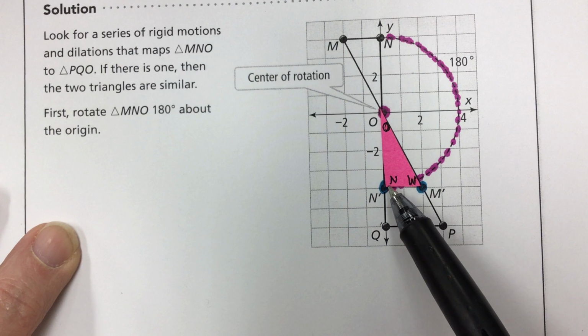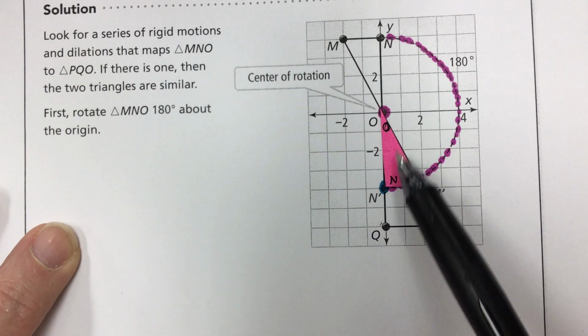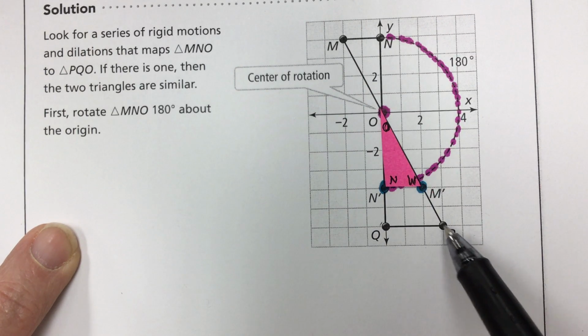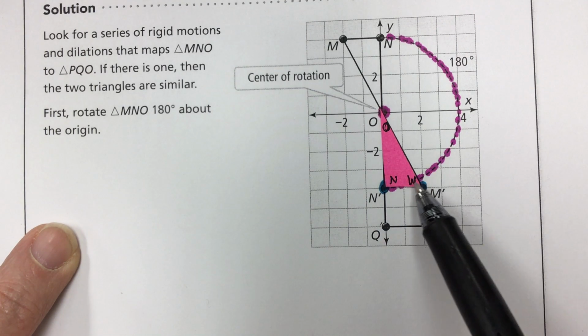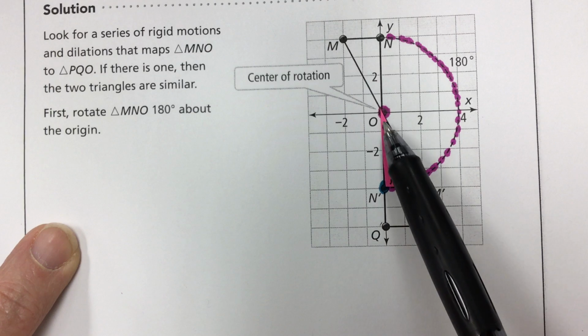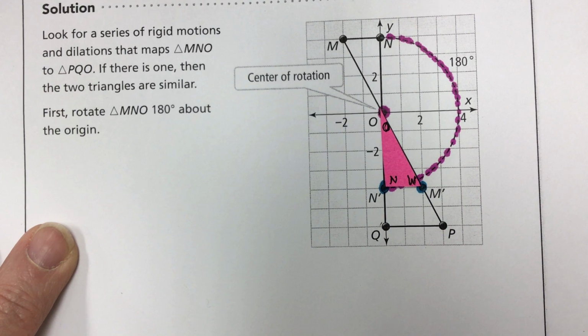So the question is, now we have a dilation. We see that triangle PQO is the dilation of triangle M prime, N prime, O prime. So we've got to determine, are all of the scale factors reducing to the same fraction?